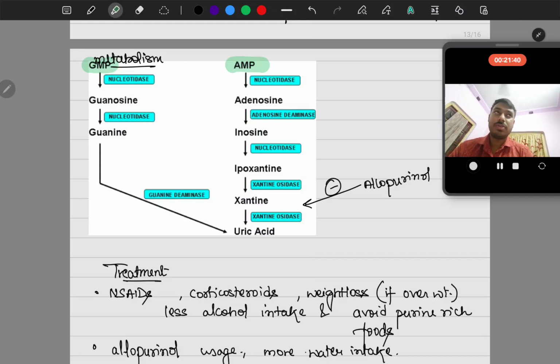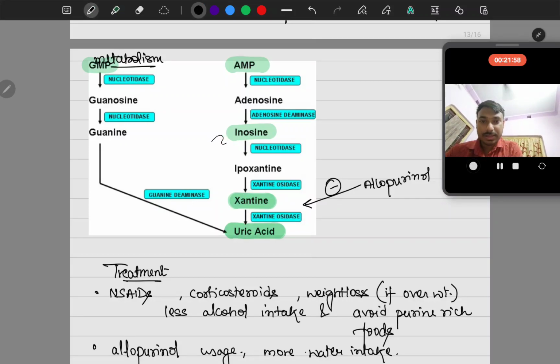GMP means guanosine monophosphate, and guanosine goes to guanine and adenosine to inosine. Now using these enzymes it is finally converted to uric acid, through xanthine, or there can be another one, that is hypoxanthine.